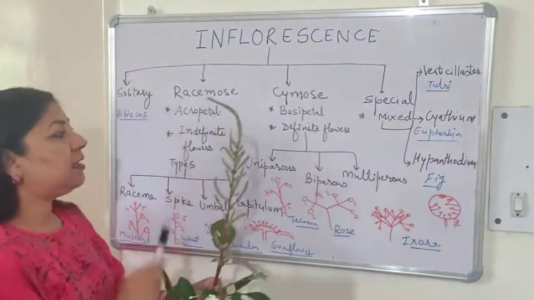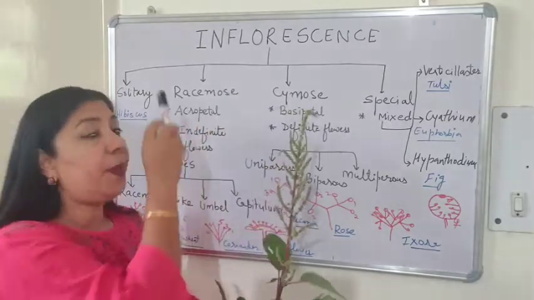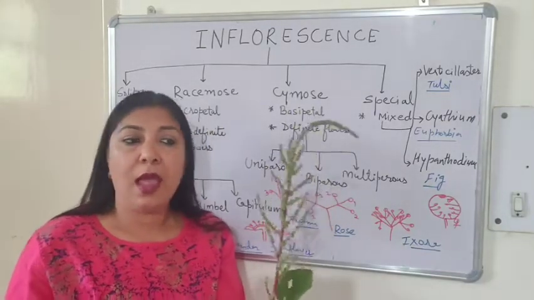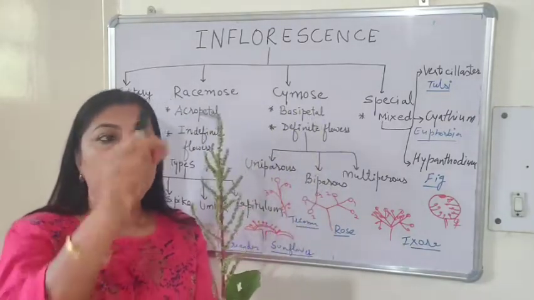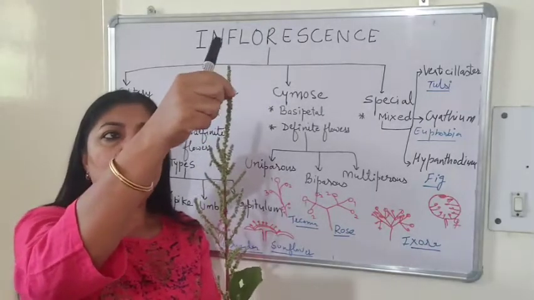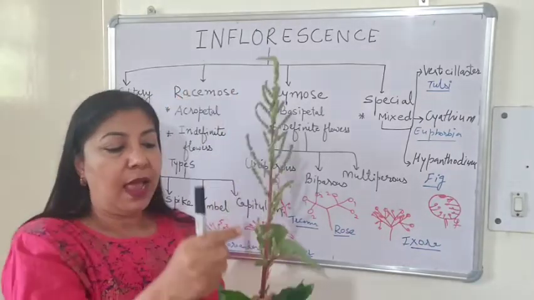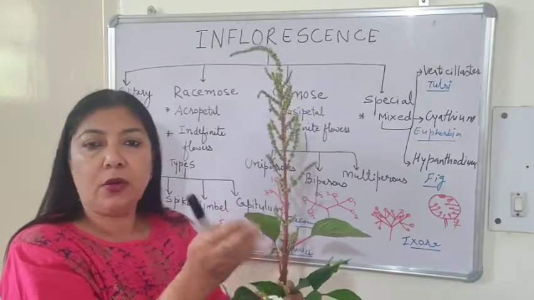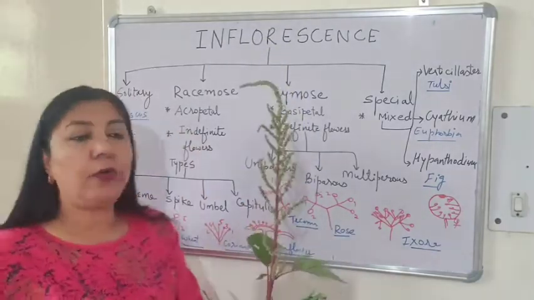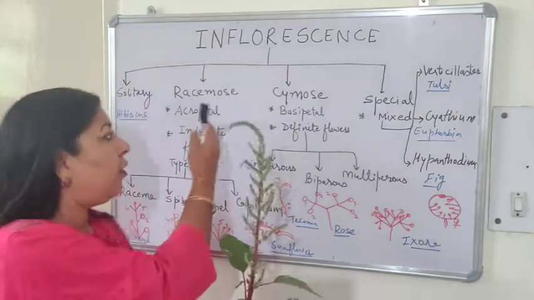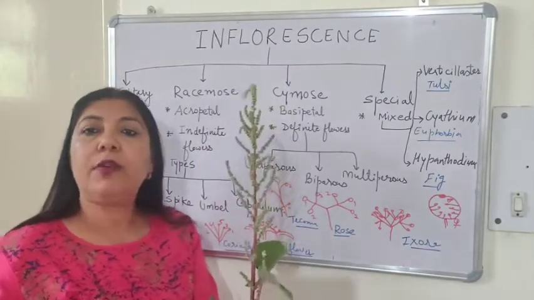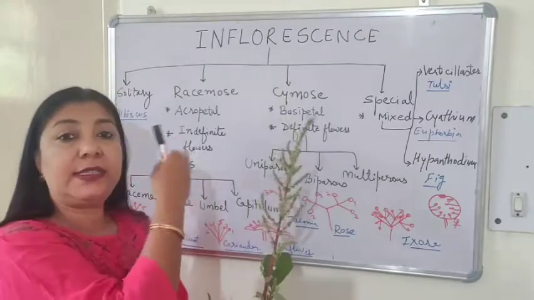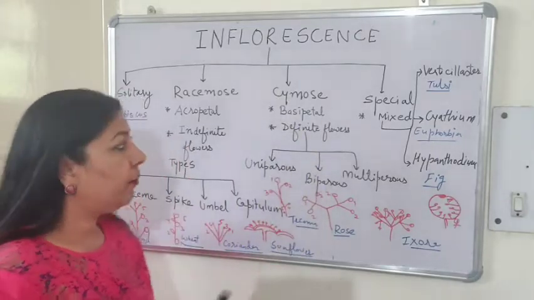First, the arrangement is acropetal in racemose. Acropetal means the youngest flower is always at the center and the oldest flower is at the base. That is called acropetal succession, or acropetal arrangement of flowers, which is also called centripetal flower arrangement.